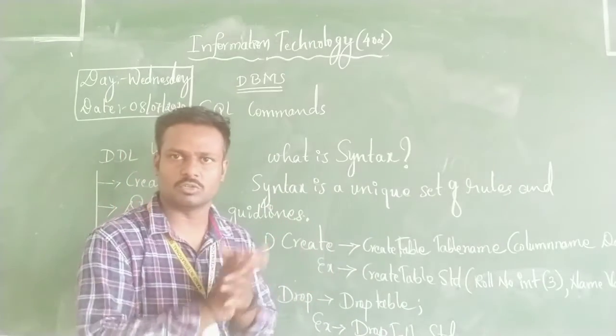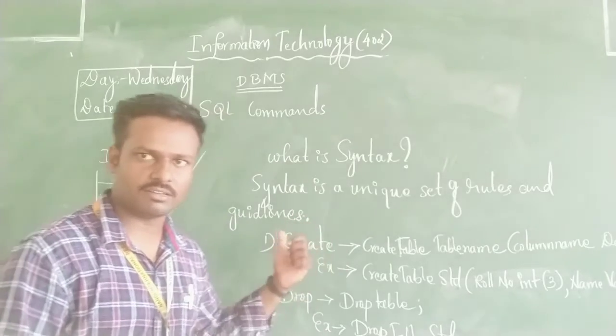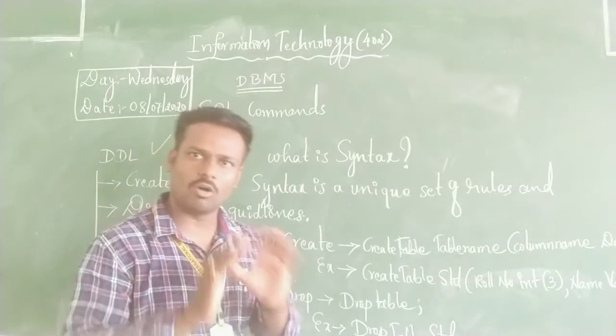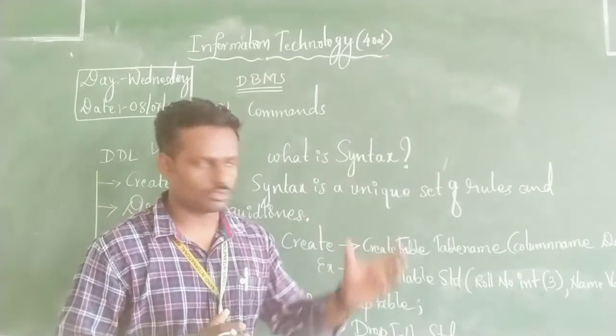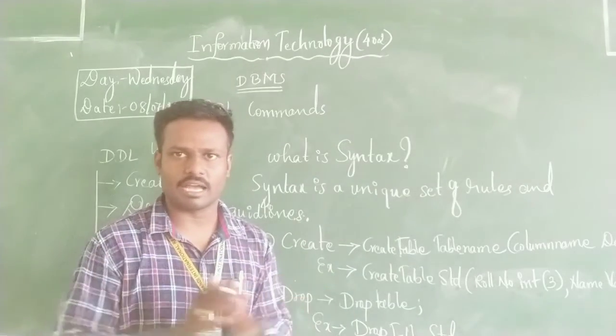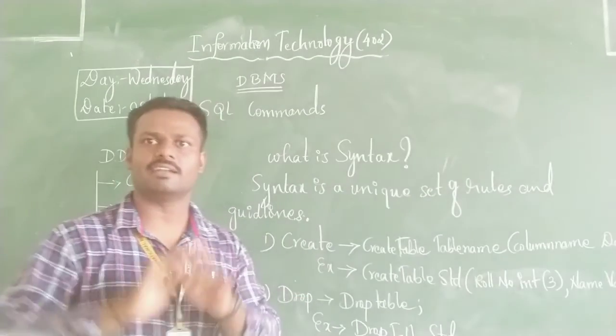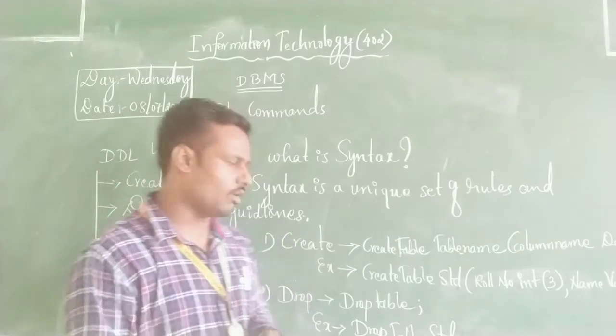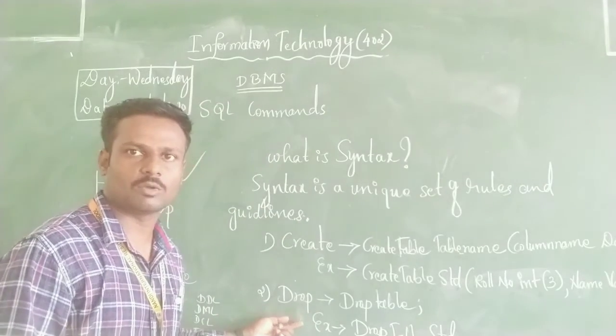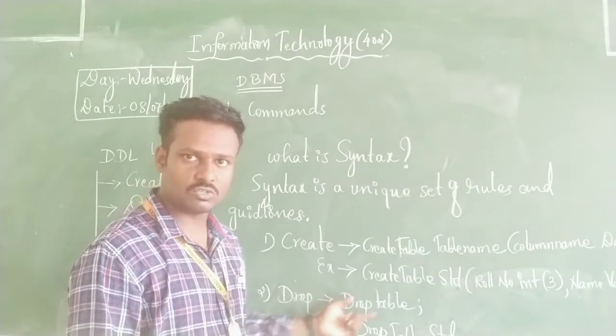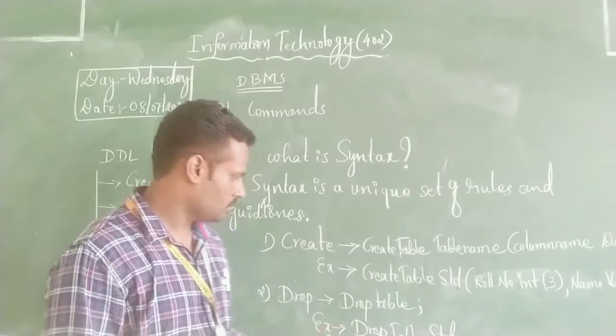Suppose I have created a student table with the help of the create command, and I have entered all the information, like the student roll number, his name, everything. Now I want to delete that entire record and the entire structure of the table. Then we have to use the drop command. The syntax is drop table and table name.